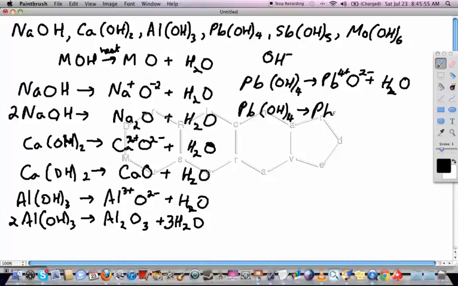And this would be PbO2. And again, we've got -2 and +4, which means we need 2 of these to balance out the +4. And looking at the balancing here, we've got 1 lead and 1 lead, we've got 4 oxygens and 4 hydrogens, which means if I put a 2 in front of here, we're going to balance out the hydrogens to 4, and now the oxygens will have 4. That's 2 plus 2 is 4.